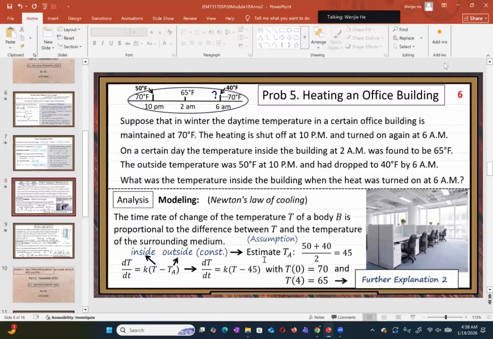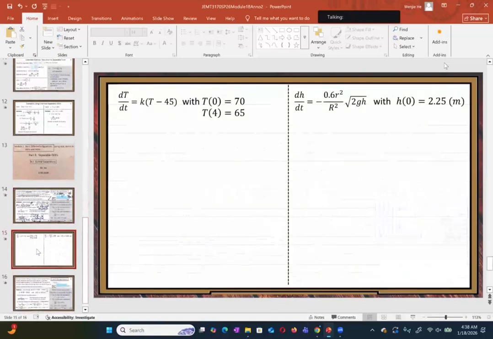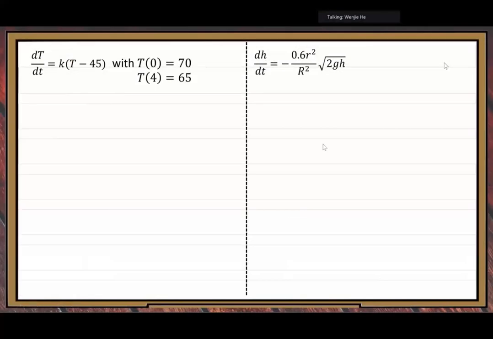All right, now let's move to the computation part. Although this equation is pretty easy to solve, there is one problem I'd like to spend some time to explain.